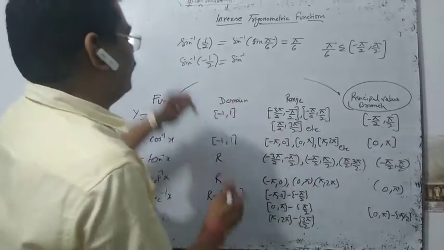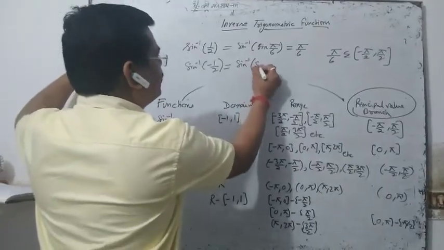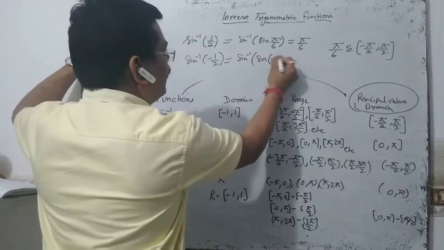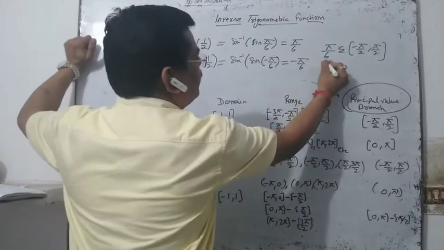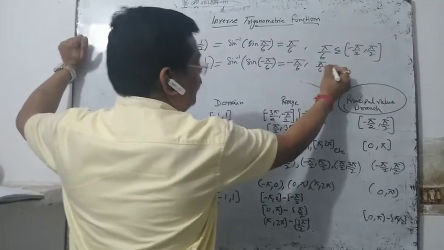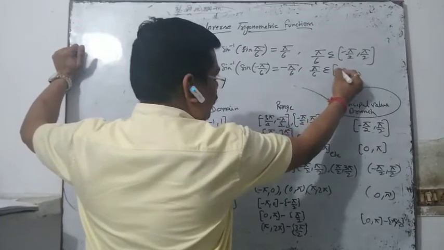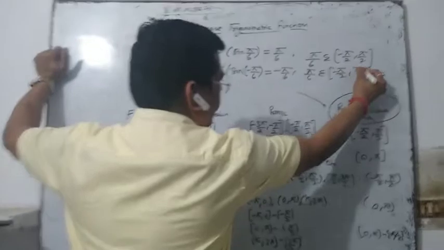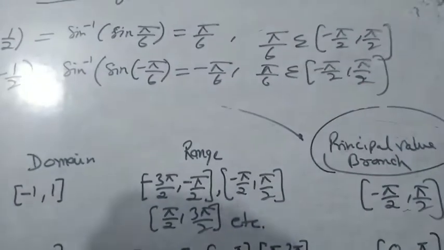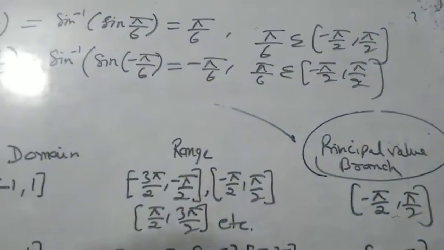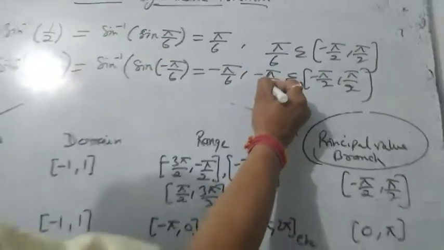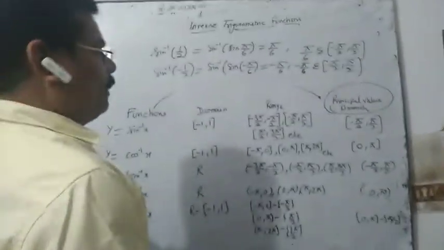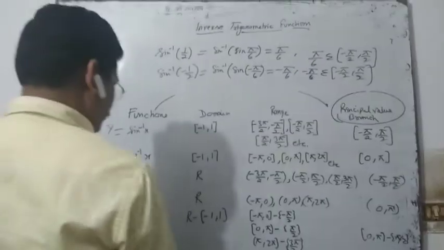That is sin inverse of sin minus pi by 6. Result is minus pi by 6. It means minus pi by 6 is an element of minus pi by 2 comma pi by 2.